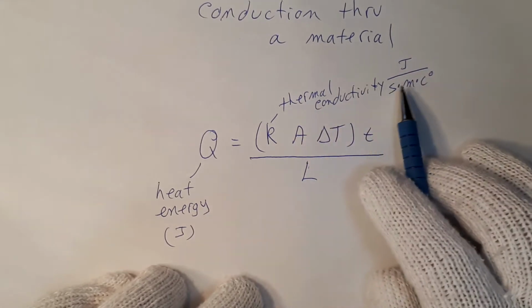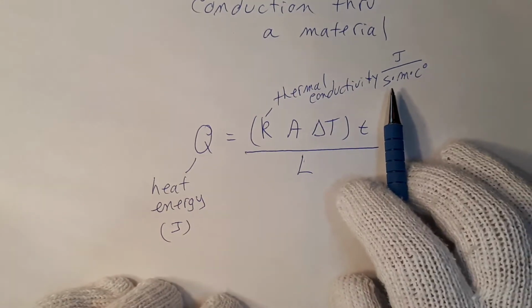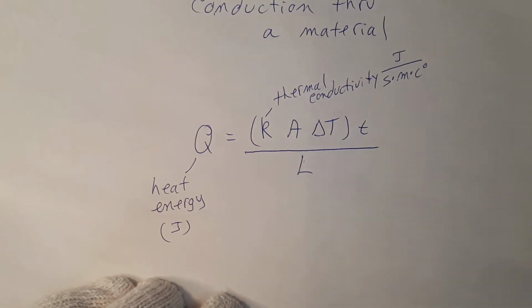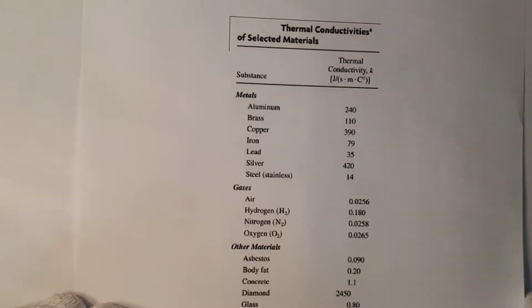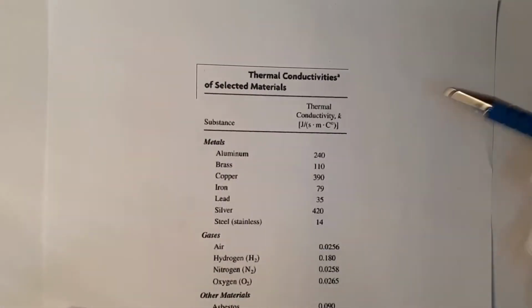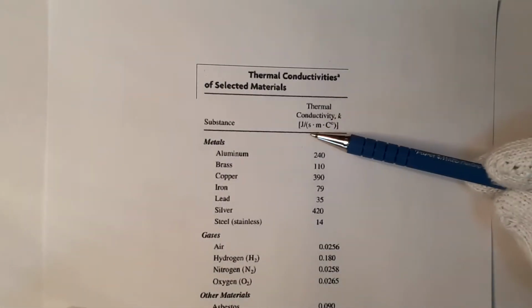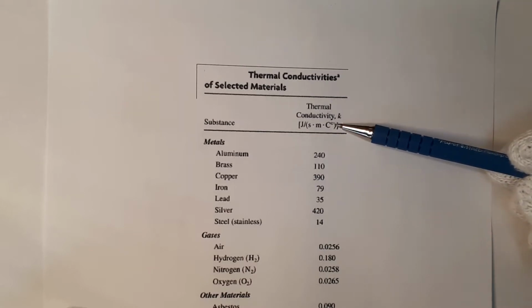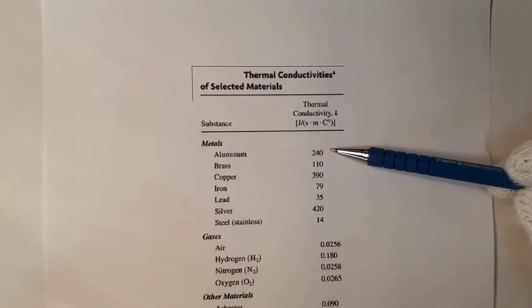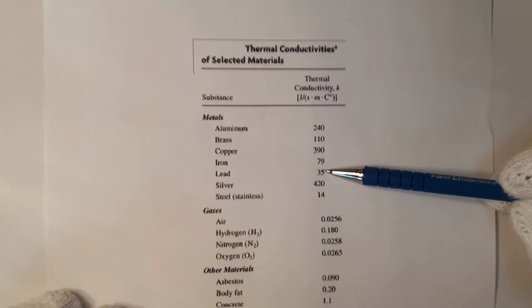Thermal conductivity is a constant. Different materials will have a different thermal conductivity, and it's simply found in a chart like this one. Here's one for thermal conductivities in joules per second, meter, Celsius degree. Aluminum would be a value of 240, and on down the list. Gases and other materials.